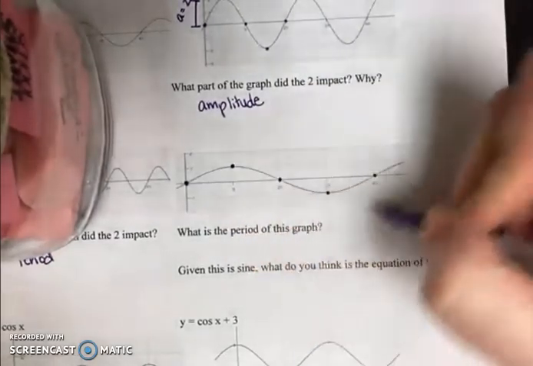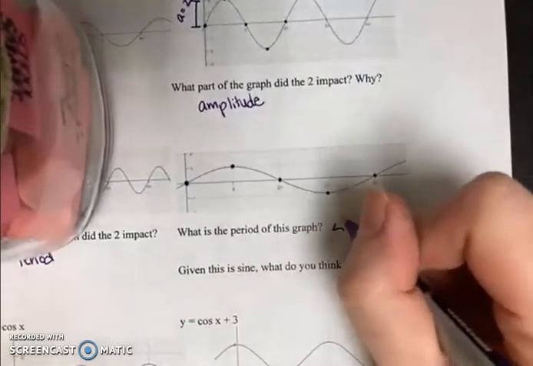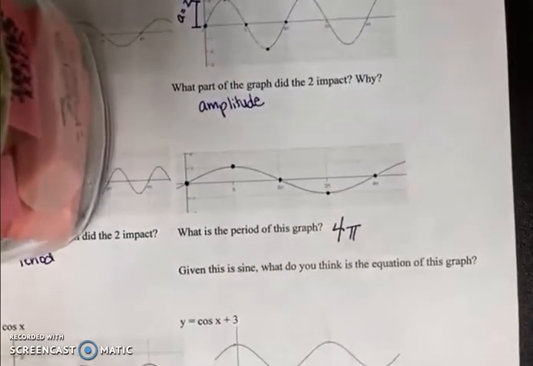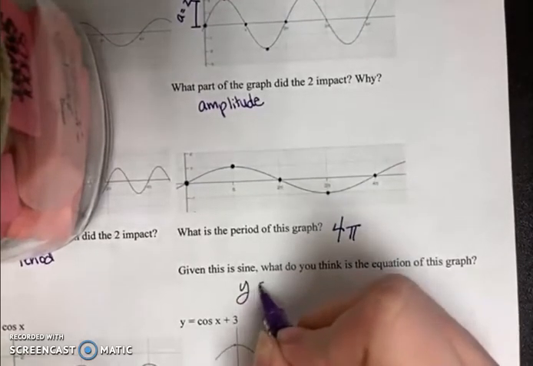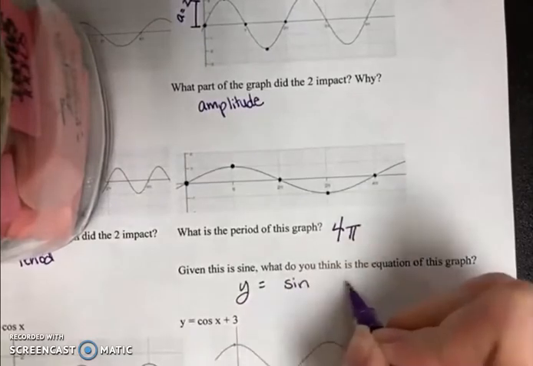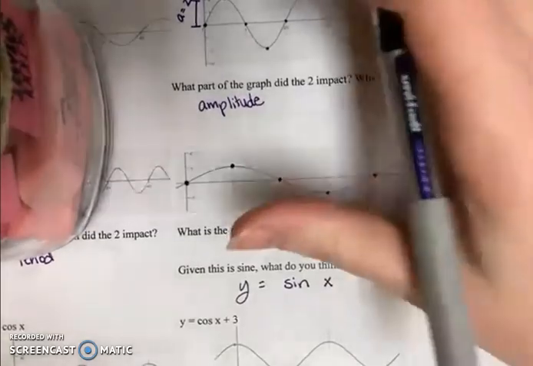So that full period length goes from 0 to 4 pi. Given this is sine, what do you think the equation of this graph would be? Well, we have y equals, I know it's going to be sine of x.